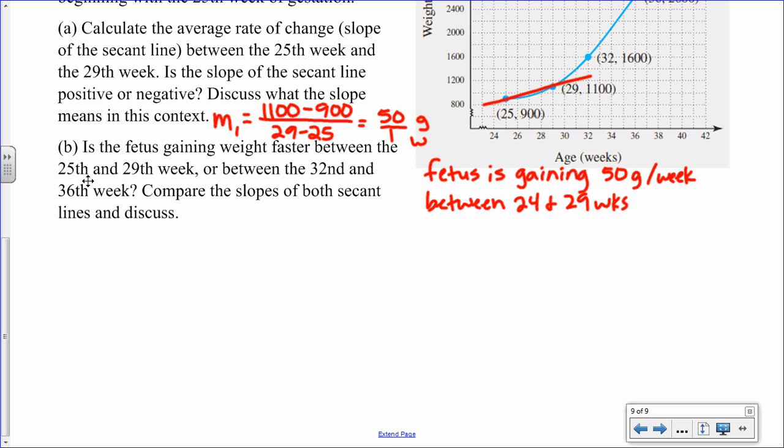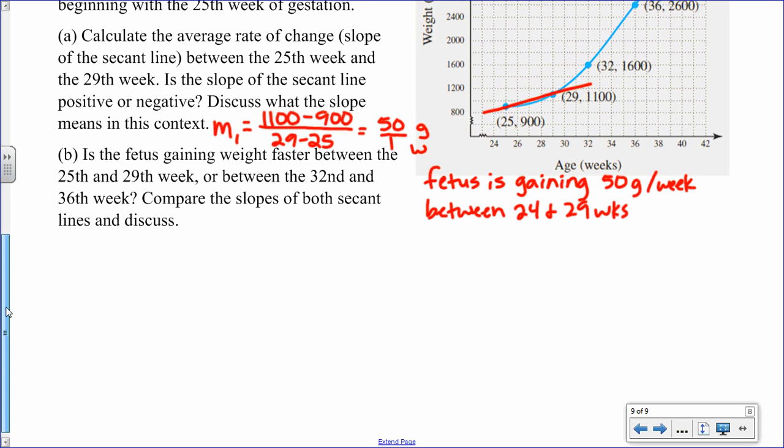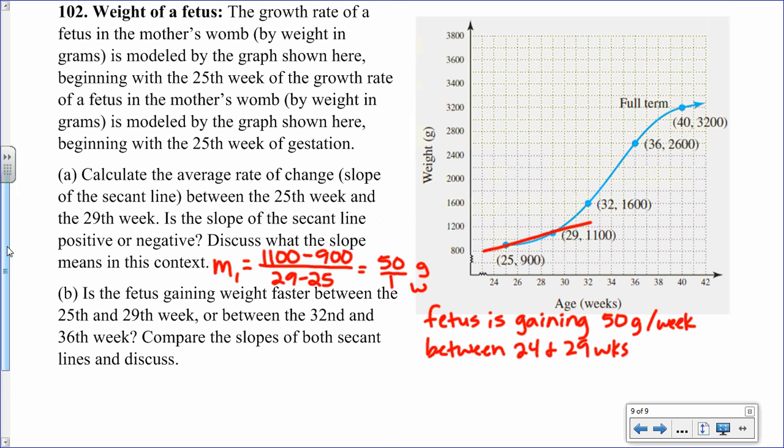All right. Now, I want to know if it's faster between the 25th and 29th week, what I just found, or the 32nd and 36th week. Well, just by looking at the graph, which one's going to be faster, the red or the green? Green. Why? Steeper. So steeper is a word. The steepness is something that slope describes. But it wants us to compare the slope.